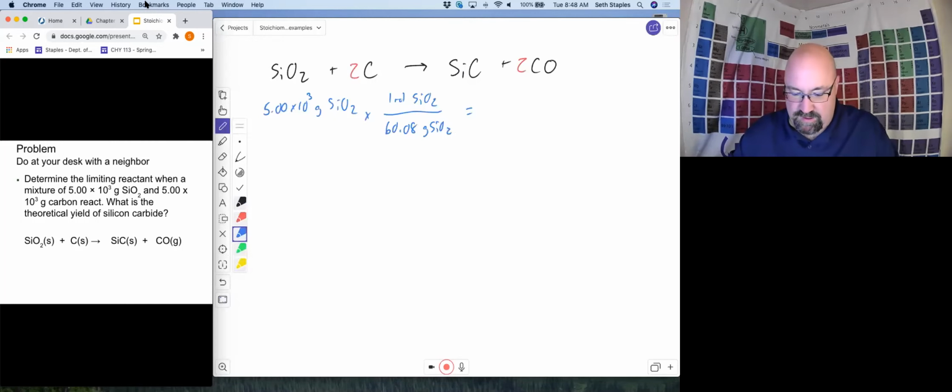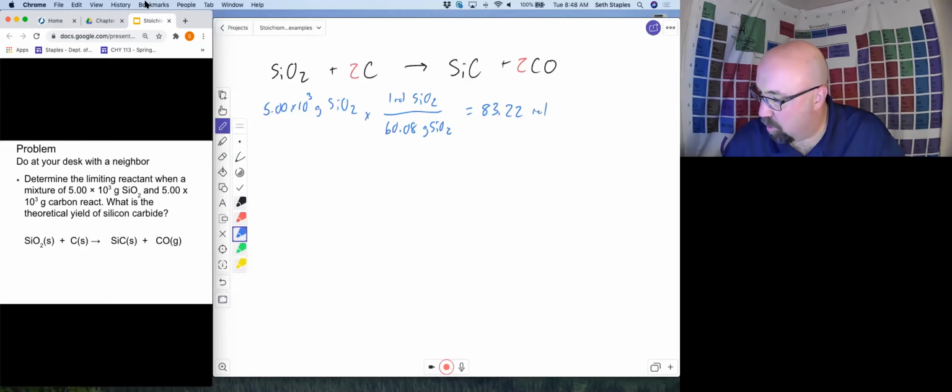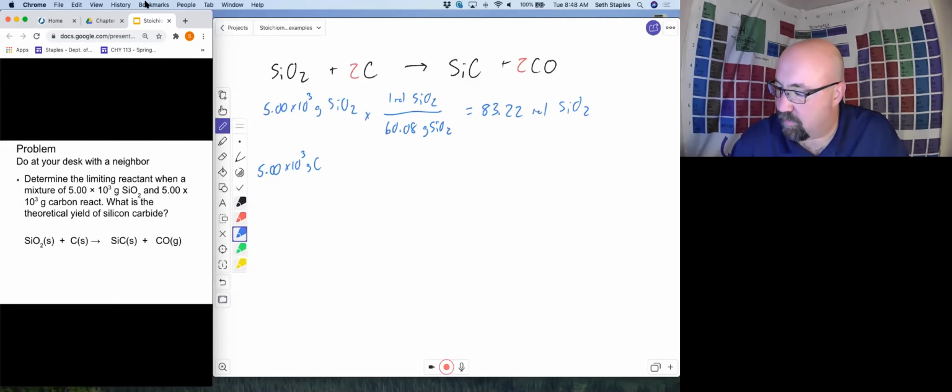And we do this out using my trusty calculator, and we have a value of 83.22 moles of SiO2. Now we do the same thing for our other given amount, for carbon: 5.00 times 10 to the third grams of carbon.